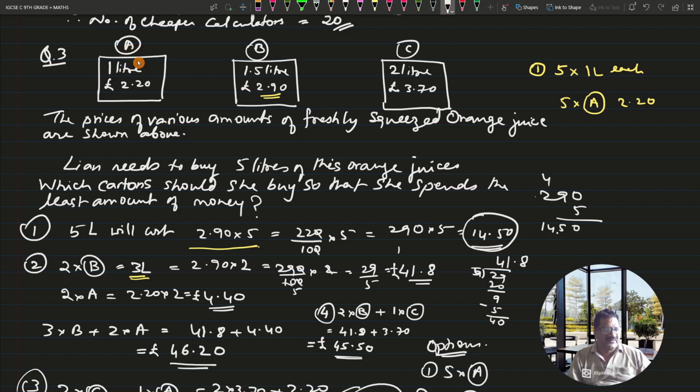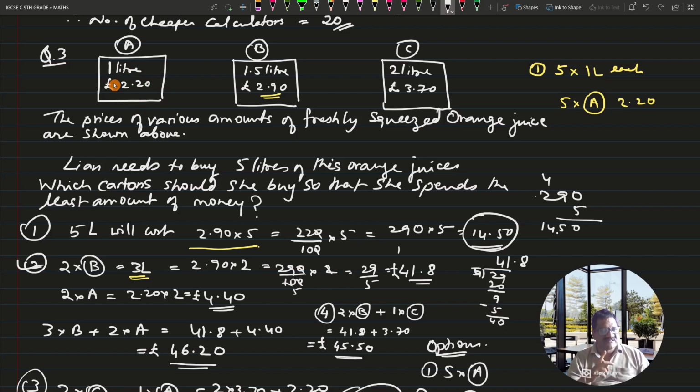Second option is she can go for 2 pouches of the B type, that will fetch her 3 liters. And what else she can do is go for 2 pouches of A type, which is the 1 liter pouch.